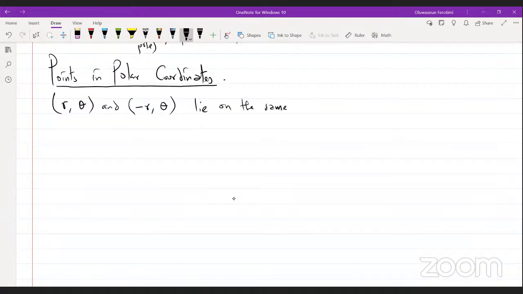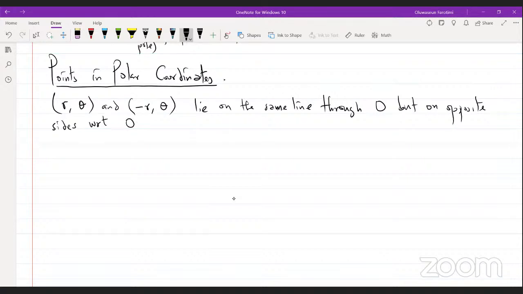Don't worry, guys, we're going to do some examples where we sketch and you see what's going on. They lie on some line through the origin, but on opposite sides. What's the difference between these two? Just the fact that in one r is positive, and in the other it is negative r. The angle is still fixed, so the only difference is that they lie on opposite sides with respect to the origin.